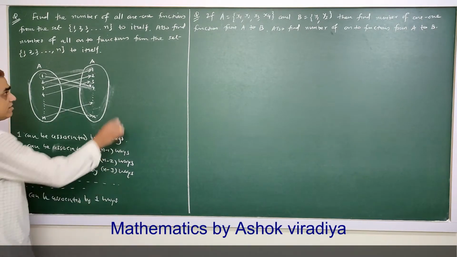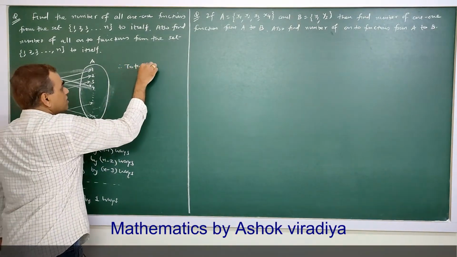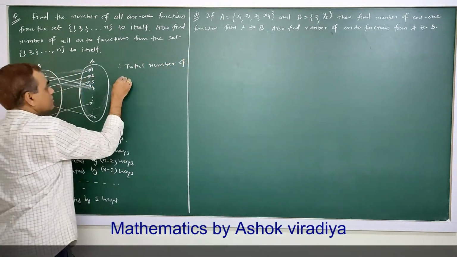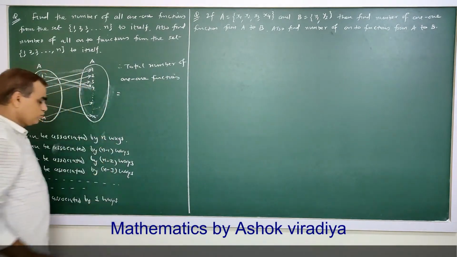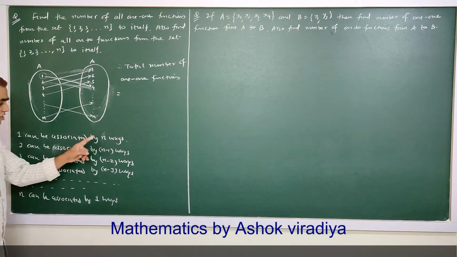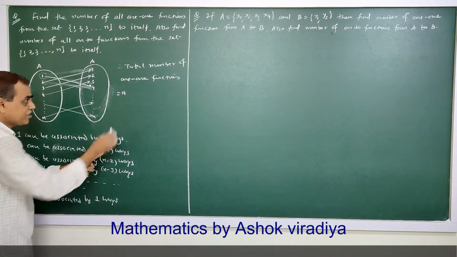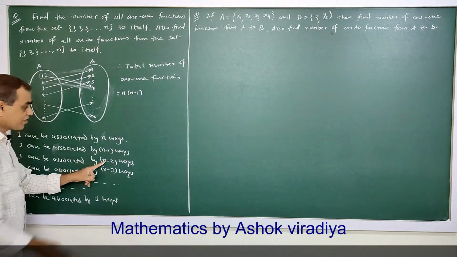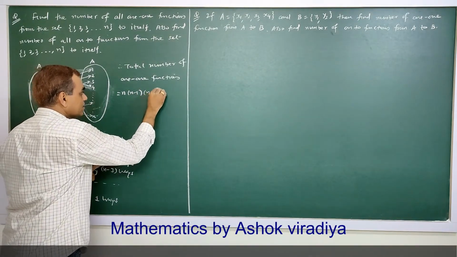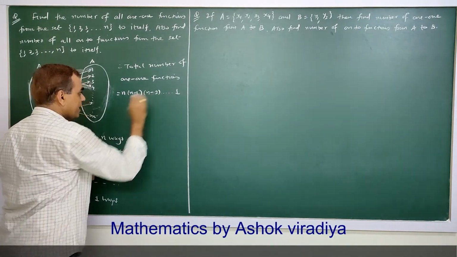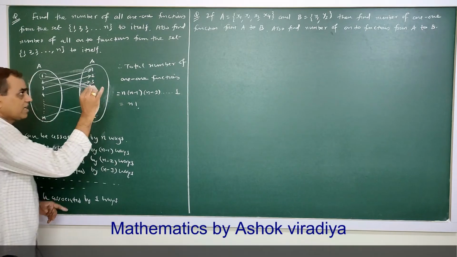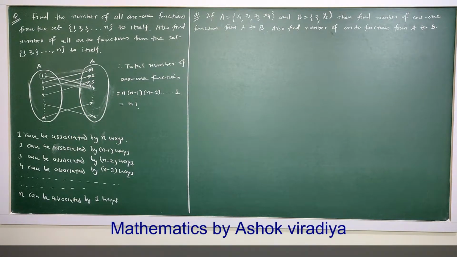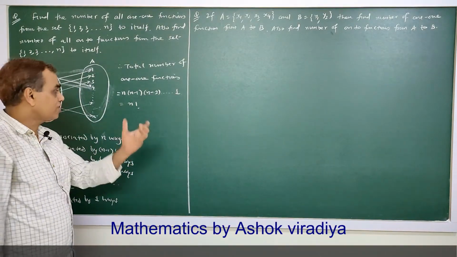Therefore, the total number of 1-1 functions equals: this action by n ways, second action by n minus 1 ways, third action by n minus 2 ways, and last action by 1 way. So it is the product of the first n natural numbers, so it is n factorial. So if the first set has n elements and the second set has n elements, then the total number of 1-1 functions is n factorial.